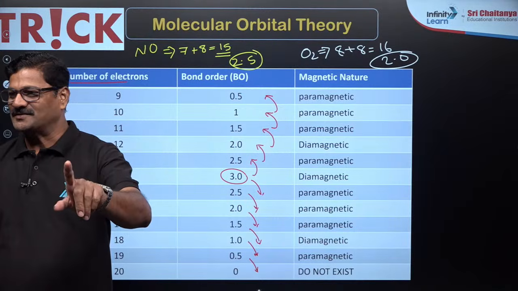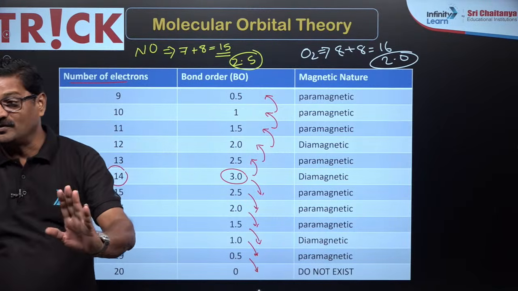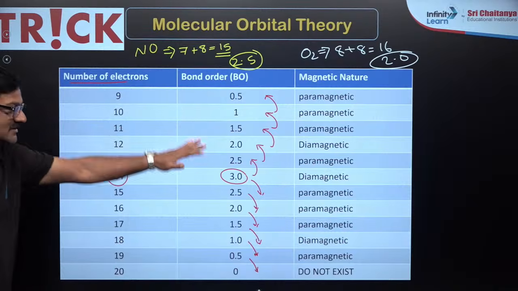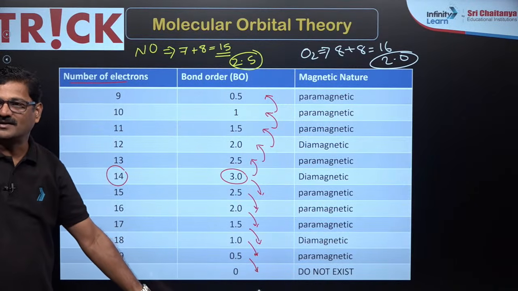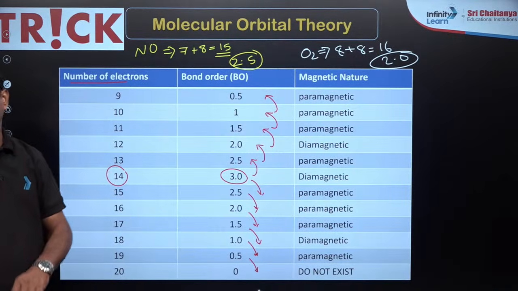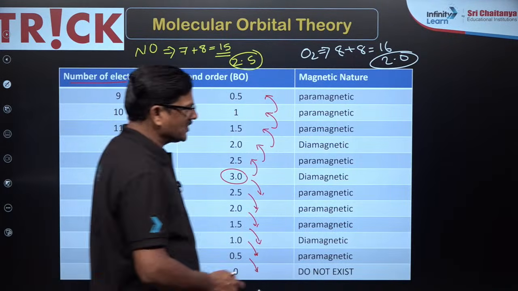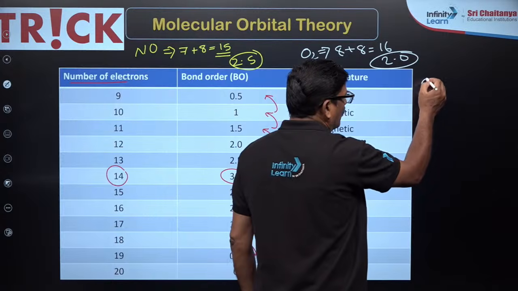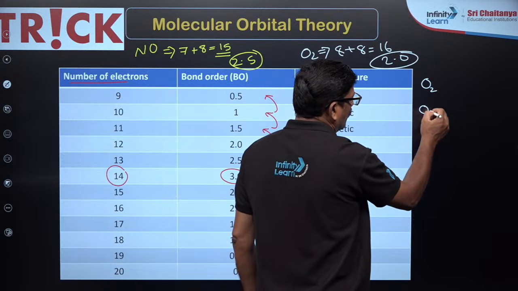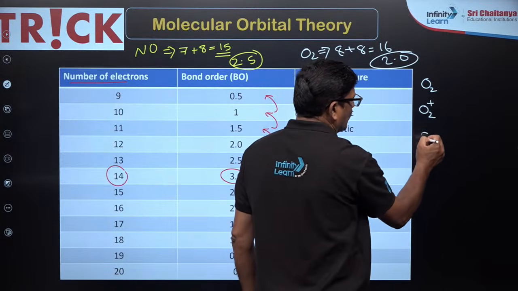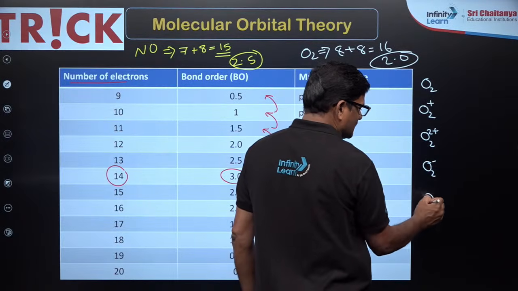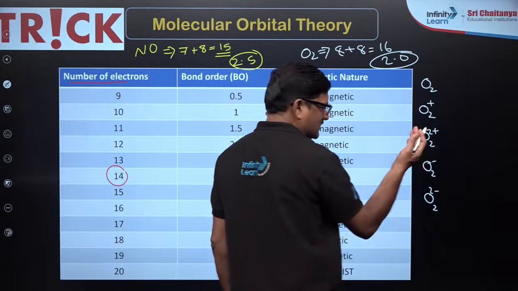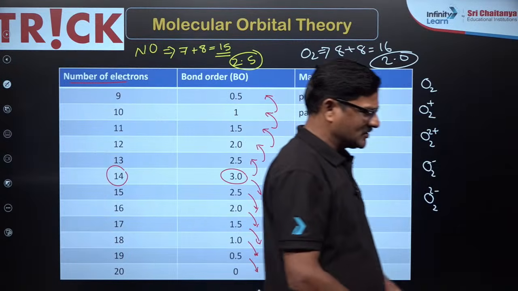You can handle it. It can help you in the NEET examination, aspirants. Right? As Geeta is saying, for any species, say O2 plus, O2 2 plus, O2 minus, O2 2 minus, you can simply say how many electrons it could be.